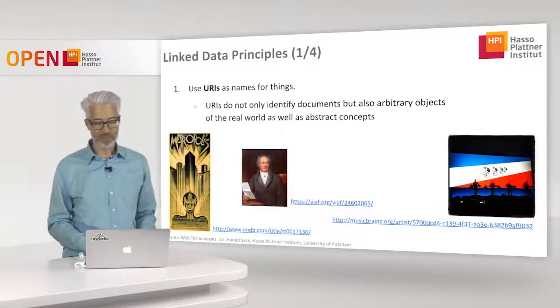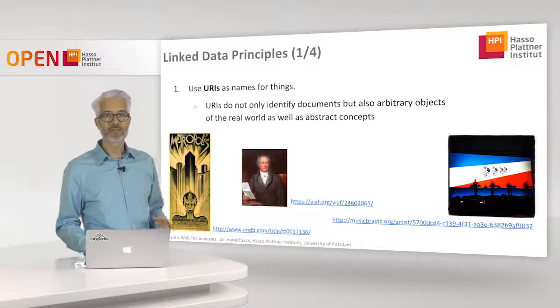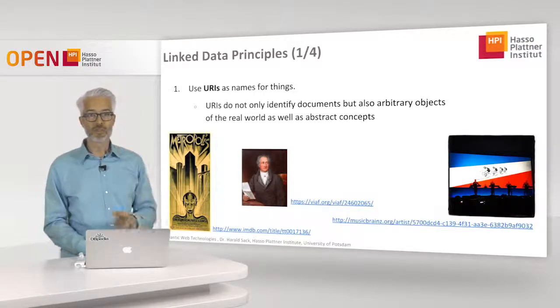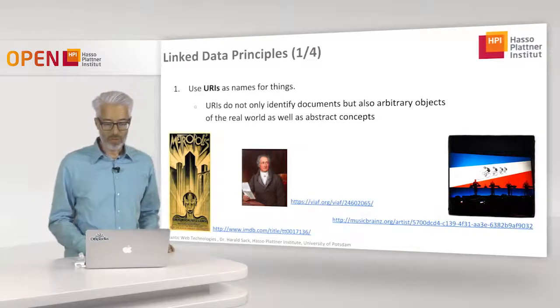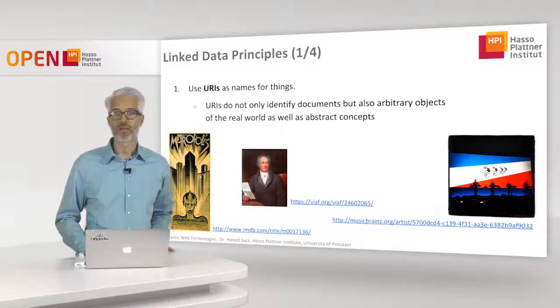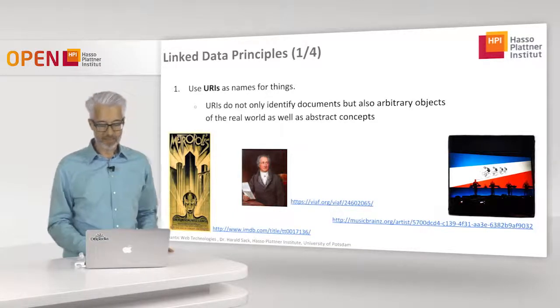So here, for example, for Johann Wolfgang von Goethe, you can also use the so-called Virtual International Authority File identifier, which is used by lots of libraries around the globe. So that's the VIAF identifier. Or here for Kraftwerk, you can also use a URI which specifies this music group on a site called MusicBrainz.